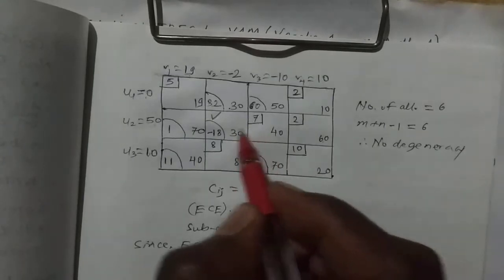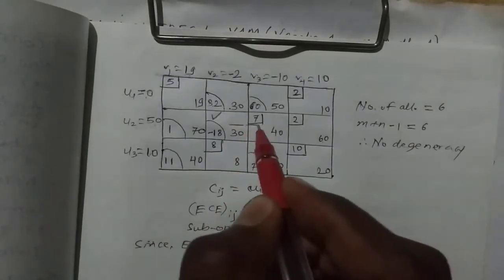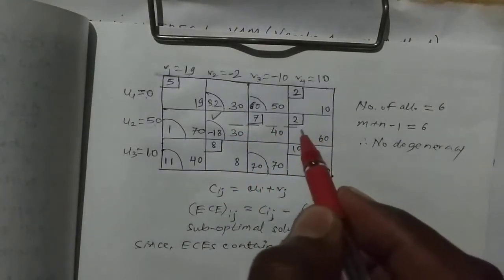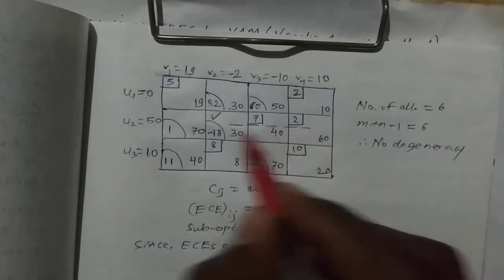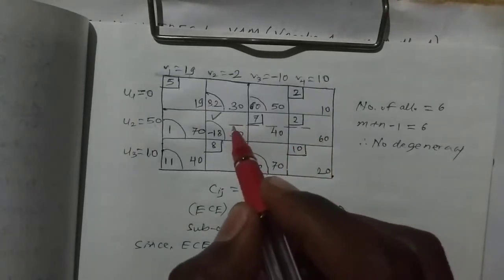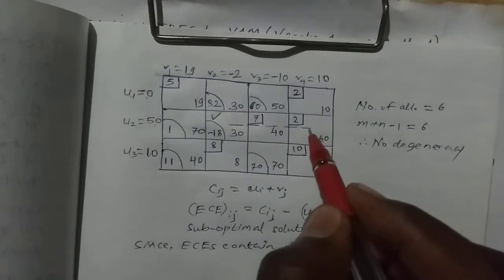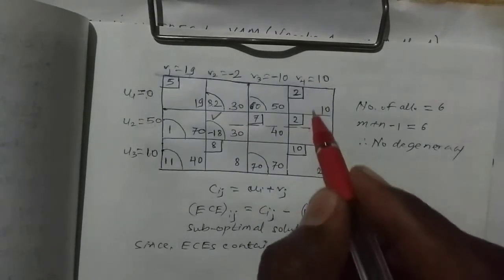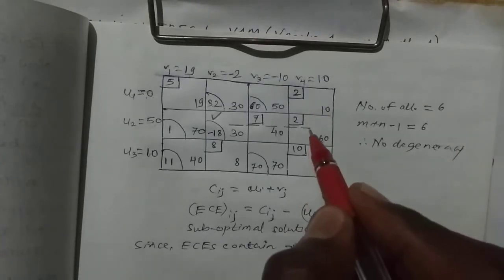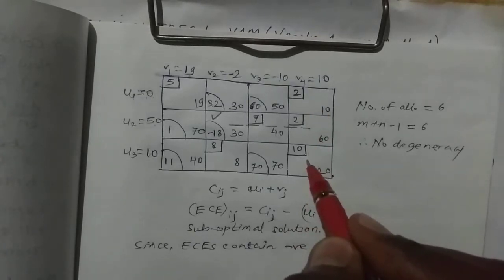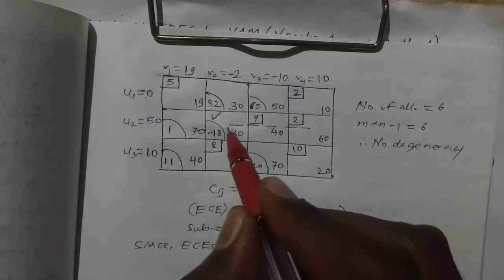Now if you observe here, we can construct a loop. We can construct a loop in this way. Let us start from this cell, come towards this point, take turn either upward or downward. We'll have to take turn downward because from this cell to this cell we can come again, and this cell we can go back.